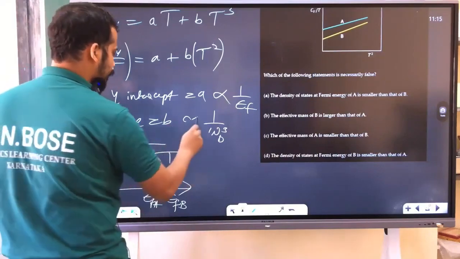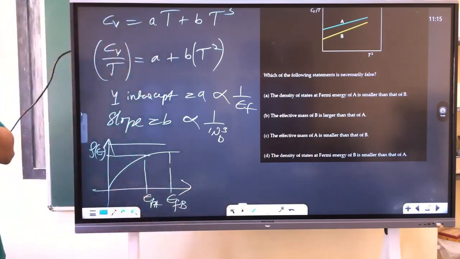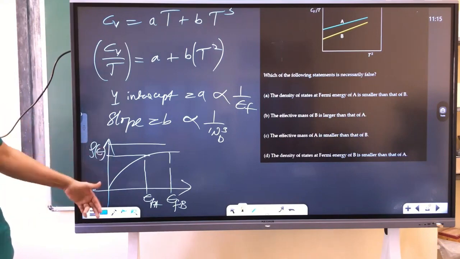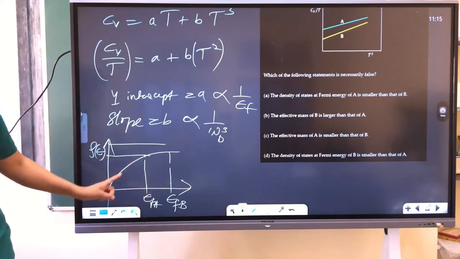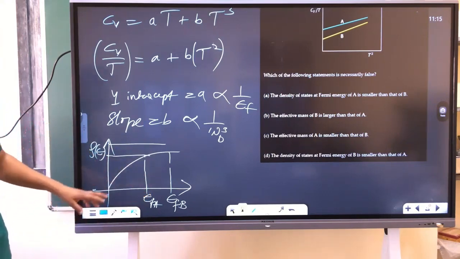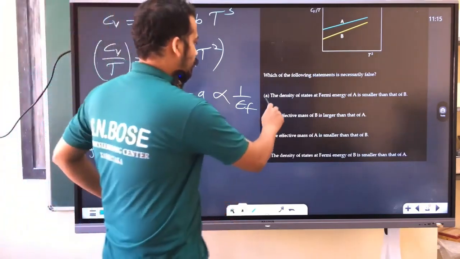Got my point? Now can you answer? The density of state for A is lower than that of B at the Fermi energy. What would you choose? Density of state at Fermi energy of B is smaller than that of A. No, that's wrong. This is right.